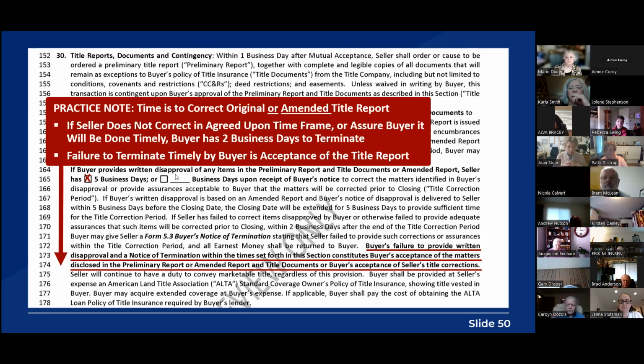You may want to put in 10 business days because there's going to be some other things. Again, if you put in 5 business days and something comes up and you need more time, that's when you do your addendum that says, hey, we need more time to review the title report and go through those options for the seller to do a cure on it as well. So keep in mind, deadlines are deadlines.